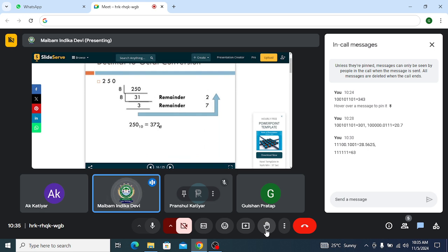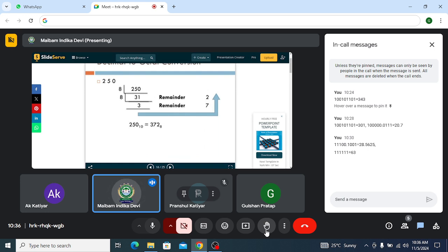Here I'm going to tell you again, you need to write the base when you write a number. If you do not write the base 8, then 372 can be a decimal number, or a hexadecimal number, or an octal number. So there is a confusion, because decimal also has the digits 372, octal also has the digits 372, and hexadecimal also has the digits 372.